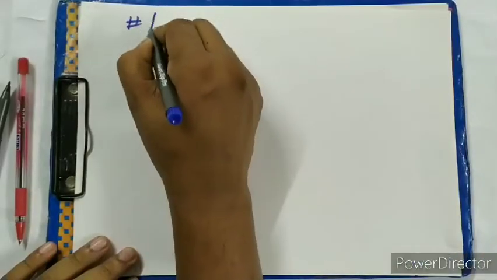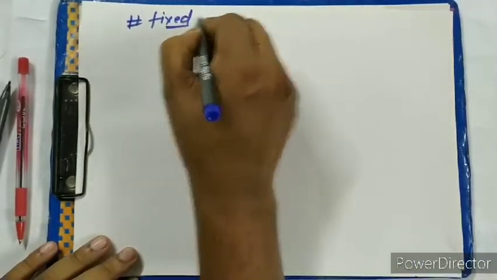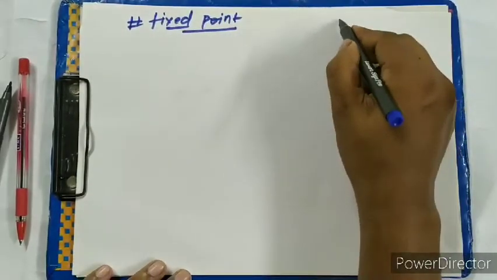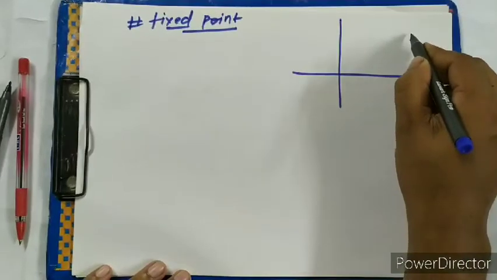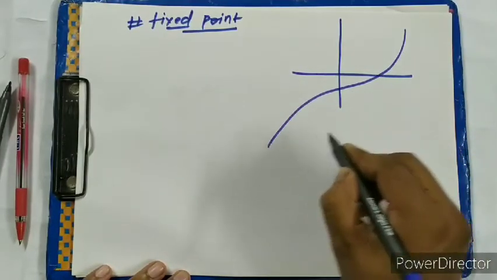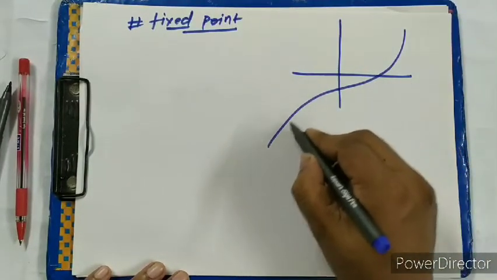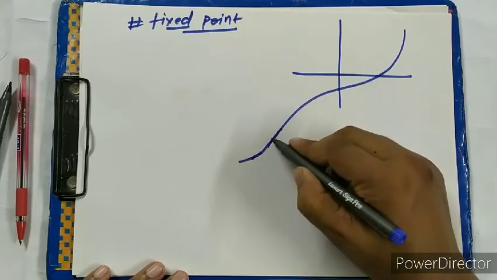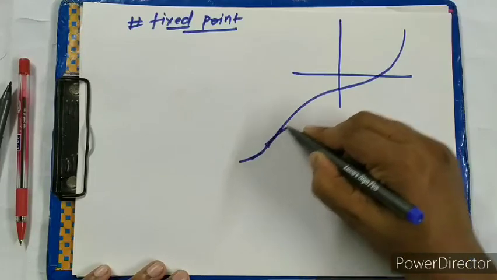Fixed point: suppose we have a function like this. Then fixed point means what?